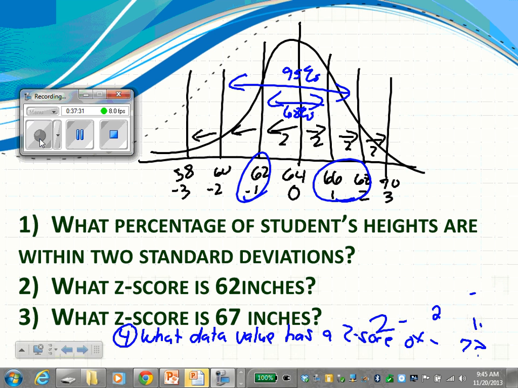Let me take a look at this. First of all, if I look at my formula, you've got to plug in. They may give you the z and give you the mu and the standard deviation and ask for the x. They may give you the x, the mu, and the standard deviation and ask for the z. I've seen some where they give you the x, they give you the mu, and they give you the variance and ask for the standard deviation.